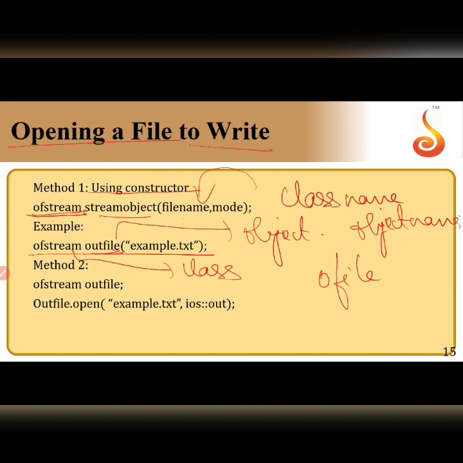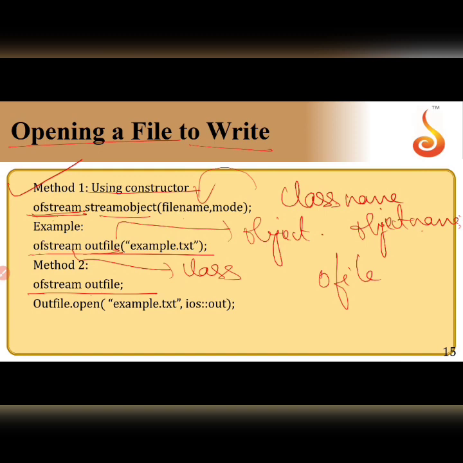The next one is method 2. So we are comfortable with method 1. Method 2 is, first you need to create the object of that class and then object dot the function, the same way how you call a function. So ofstream space outfile. This is how I create an object. Class name space the object name is the general syntax.